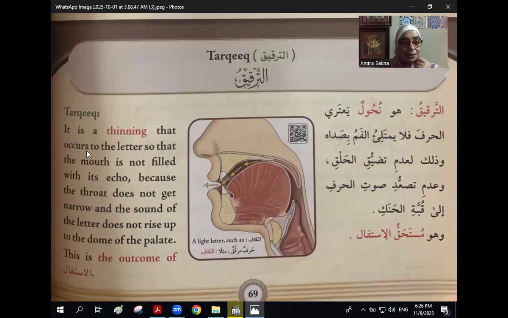It is a thinning that occurs to the letters, so that the mouth is not filled with its echo, because the throat does not get narrow and the sound of the letter does not rise up to the dome of the palate. This is the outcome of استفال. So تفخيم and ترقيق, they are the outcomes of استعلاء and استفال.